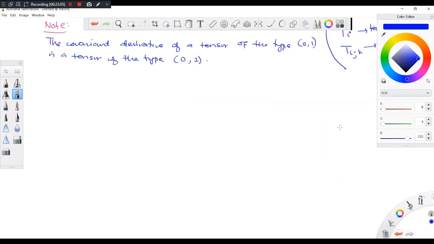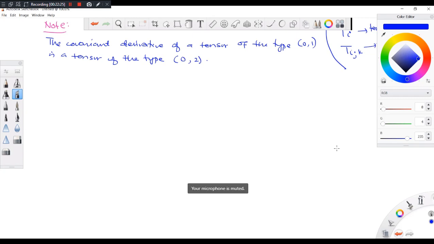Sir, was there any reason why we defined it that way? Because it keeps the tensor property. That's the reason. Covariant in the sense that it keeps the tensor property. That is why the name is given to it.